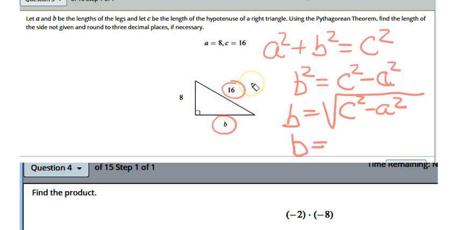Now 16 squared, let's just do that too. 16 squared is 256. Minus a squared, which is 8, is 64. So 256 minus 64 is 192. I'll put it over here.